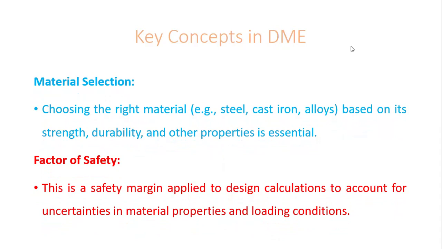Material selection, choosing the right material based on the properties like strength, durability, etc. The commonly used materials are steel, cast iron, and other alloys. For which application we have to select the right material will be decided by the design engineer, by studying the properties and basic nature of the material.